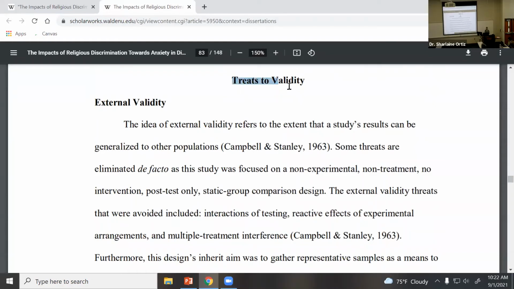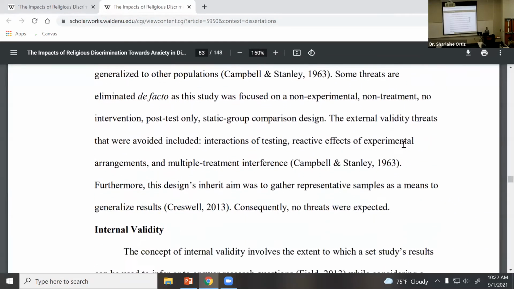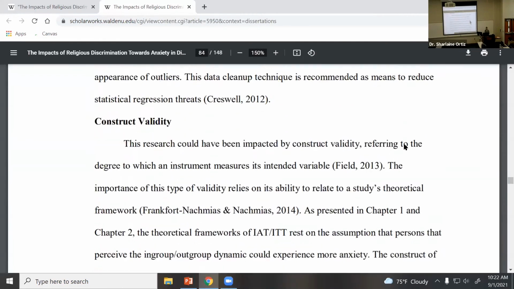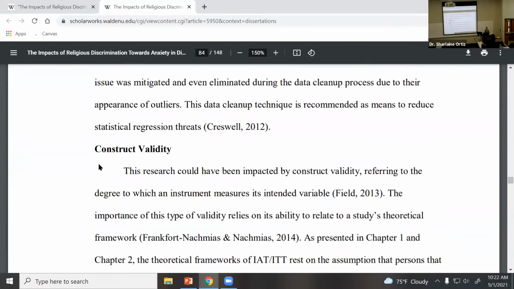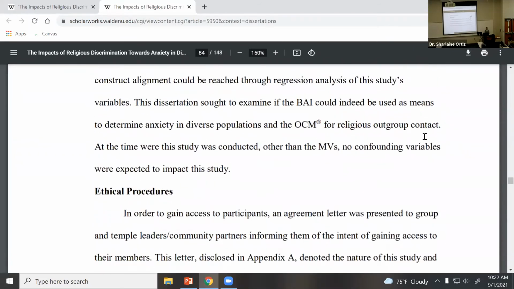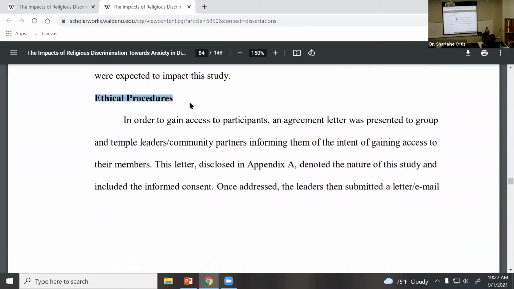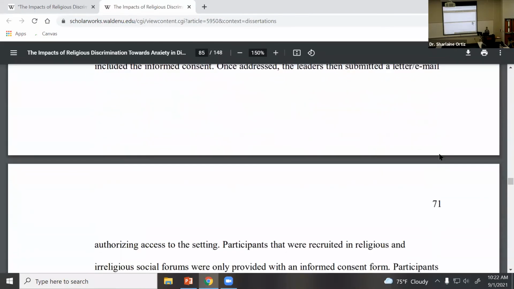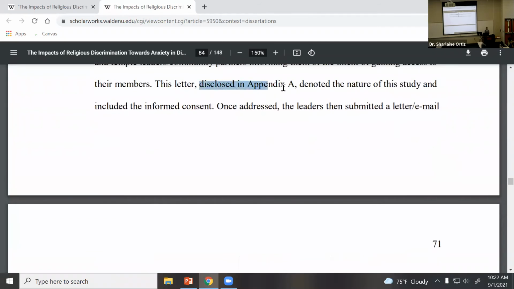Notice that you also mention threats and flaws that your potential research may have. And the actual validity of the terms that you utilize for your study. And it's always going to be there, your ethical procedures. What did I do in order to be ethical during my study? And here's your informed consent.